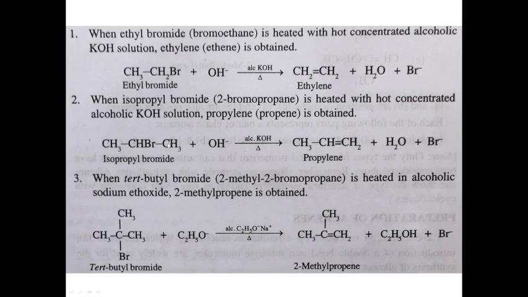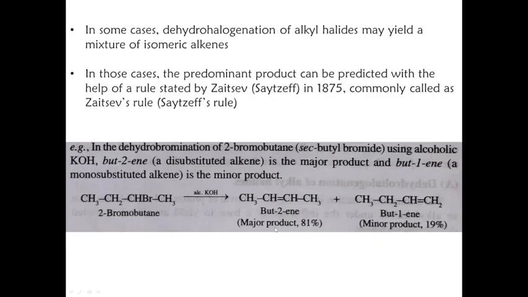Here one gives but-2-ene, and the other gives the second product. We get a mixture of products, but the first product, but-2-ene, is the major product with 81% yield, and the other is the minor product with just 19% yield.